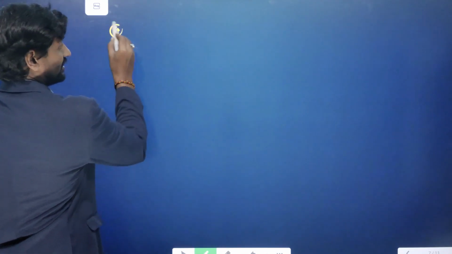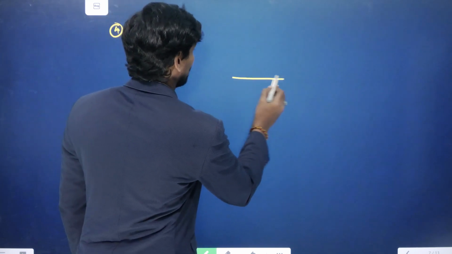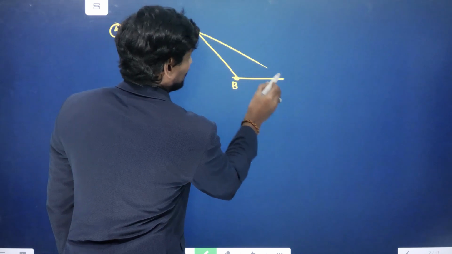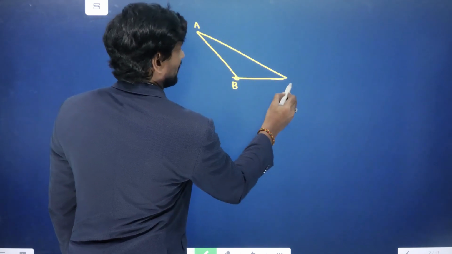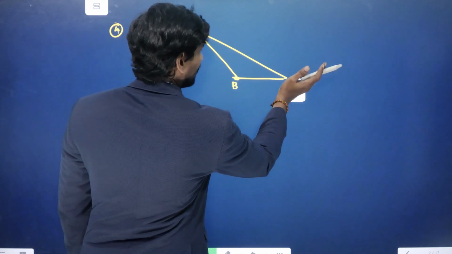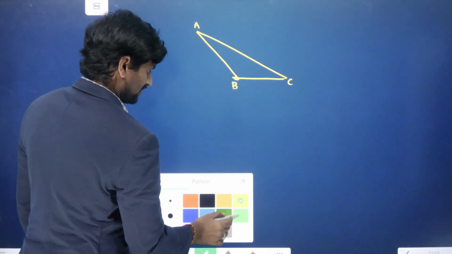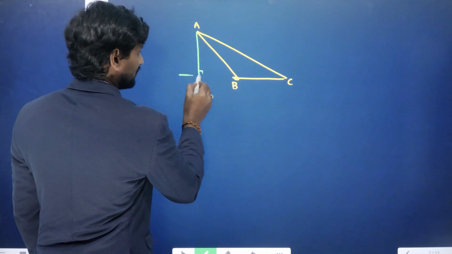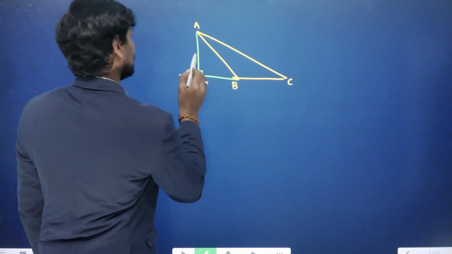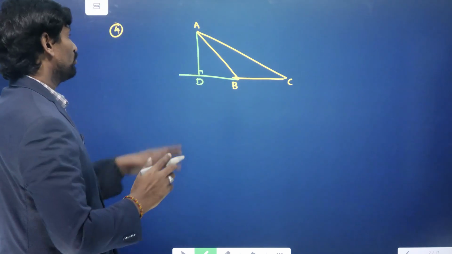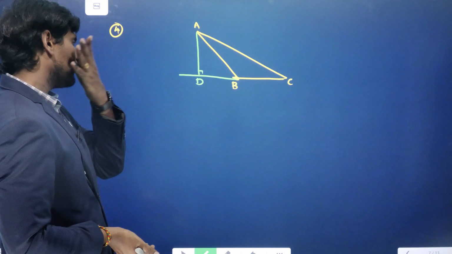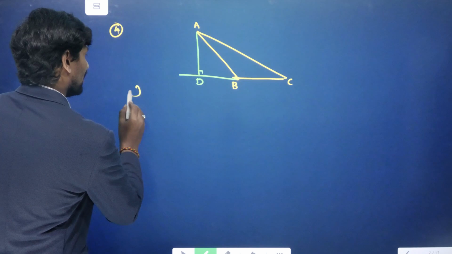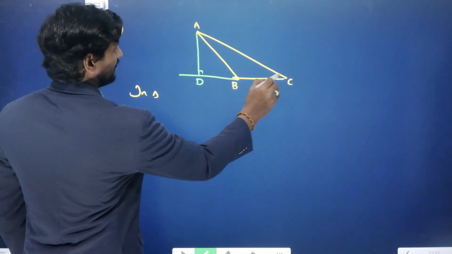The fourth question is given that angle B is an obtuse angle, and we are going to draw the altitude AD to BC. Okay? AD to BC. Then what can we prove? Okay, let us see this. I am taking triangle ADC.